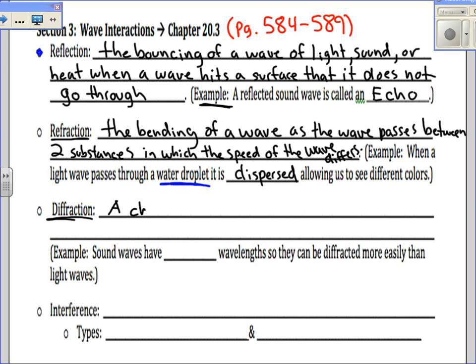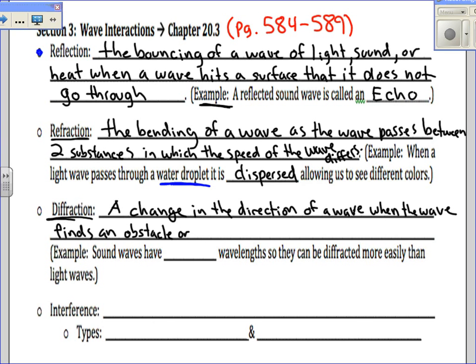Okay, so diffraction is the next one. This is a change in the direction of a wave when the wave finds an obstacle or an edge or opening.